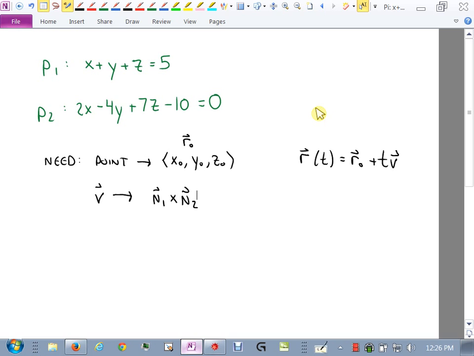All right, let's find, you want to try and find r naught first? No, you want to do v? v seems easier, right? I'm going to do i, j, k. Going to be doing the cross product on what vectors? 1, 1, 1 and 2, negative 4, 7. Do your cross product real quick on that.